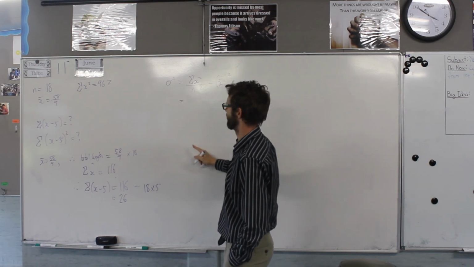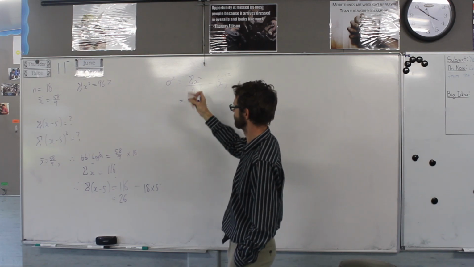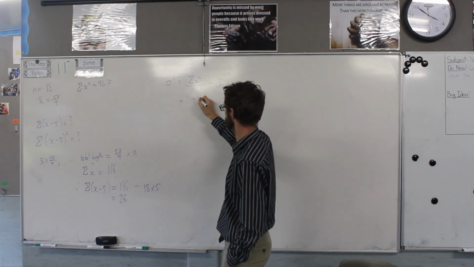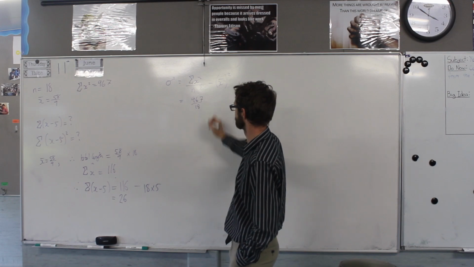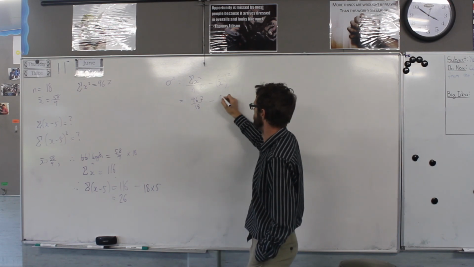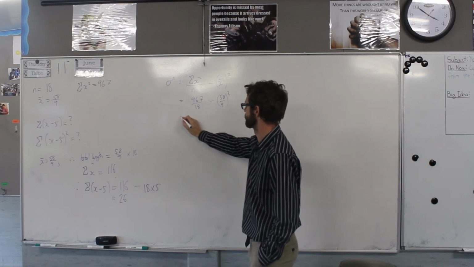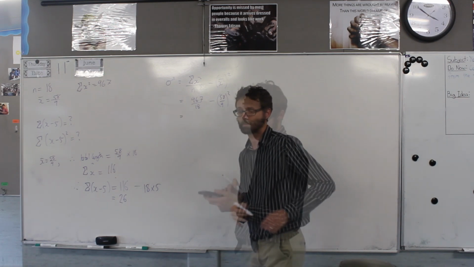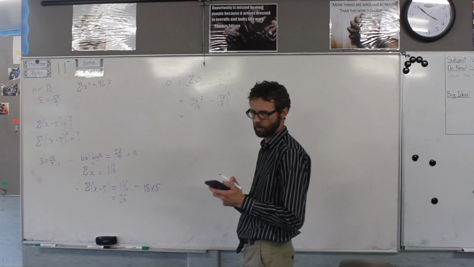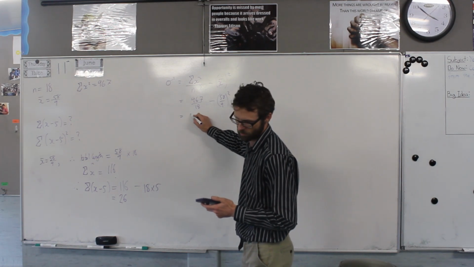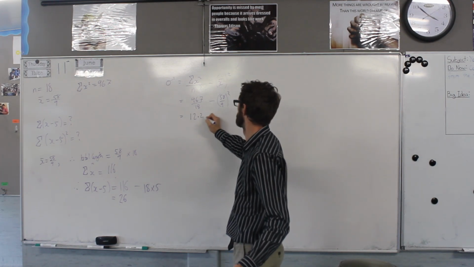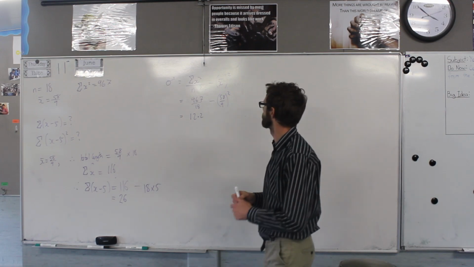And we can work this out. Well, we know sum of x squared, 967, all over 18, minus 58 over 9 squared. What are you getting there, Rebecca? 12.2. Yeah, cool. 12.2, that's what I got.